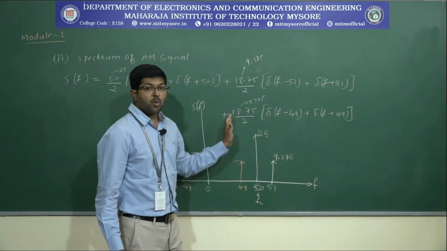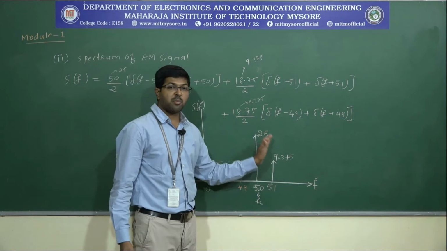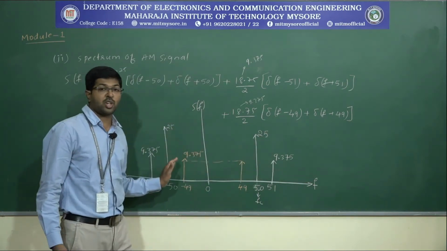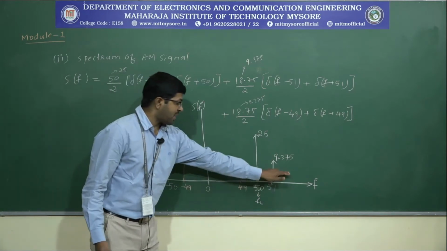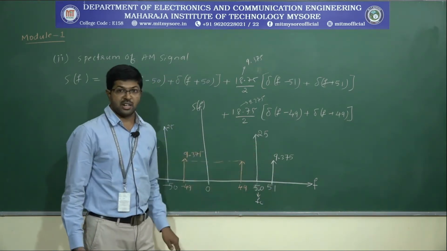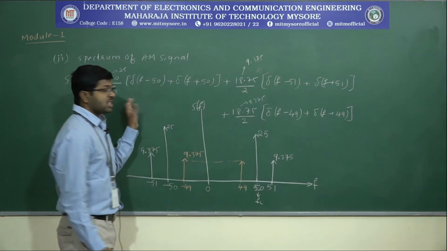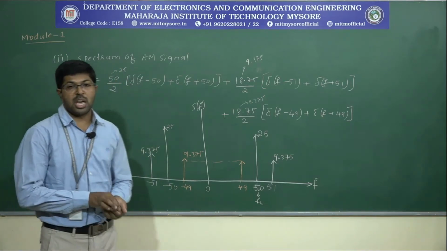Most of the time we are going to look at the positive side, because the negative side is just a consequence of Euler's equation. Remember that. So upper sideband, lower sideband and carrier. This is about the spectrum of the AM wave.